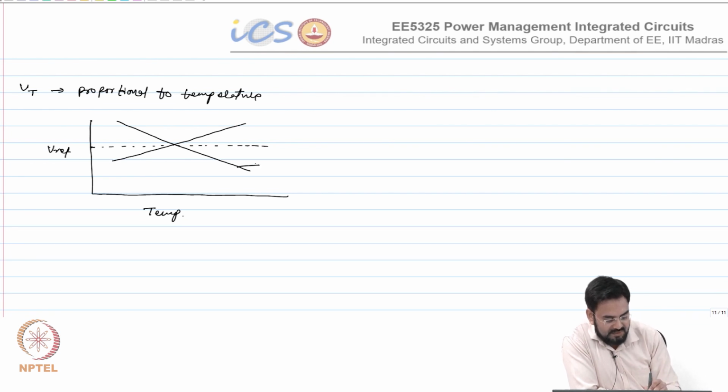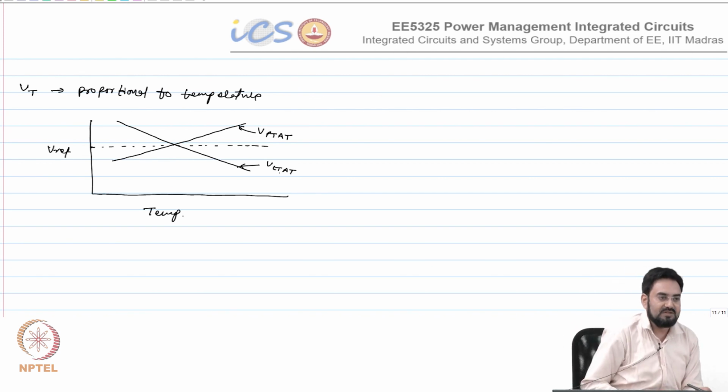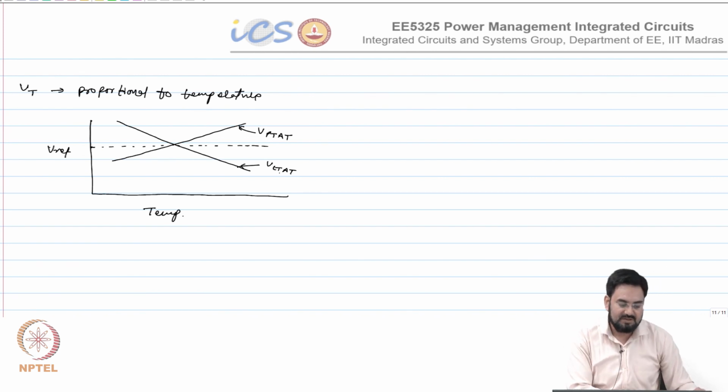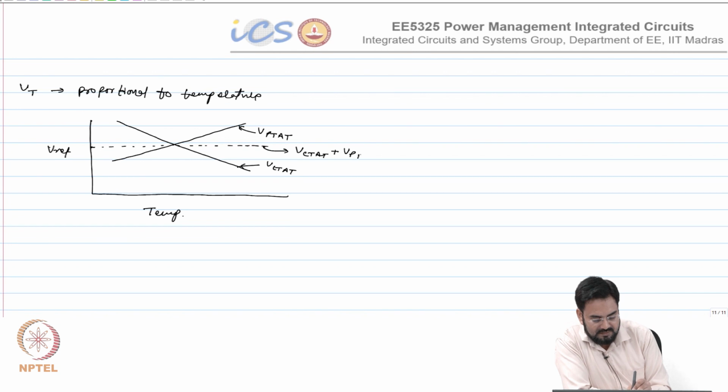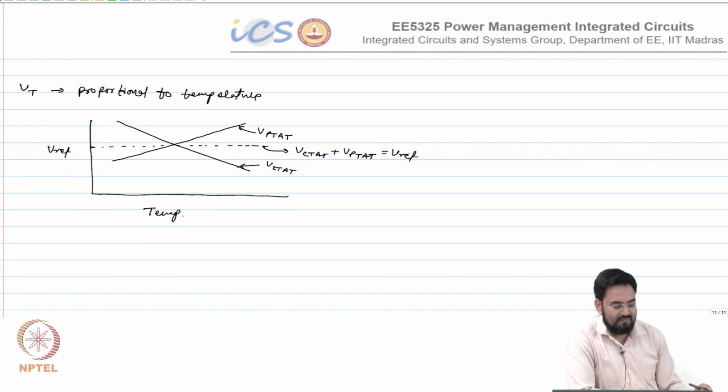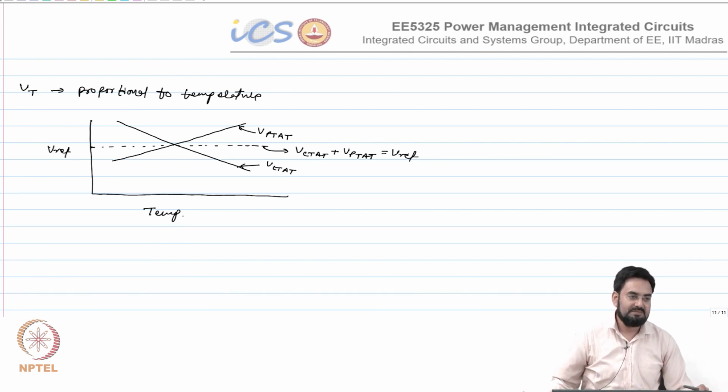If I call this V of CTAT and this V of PTAT, complementary to absolute temperature and proportional to absolute temperature, then VCTAT plus VPTAT becomes your Vref or Vbg.